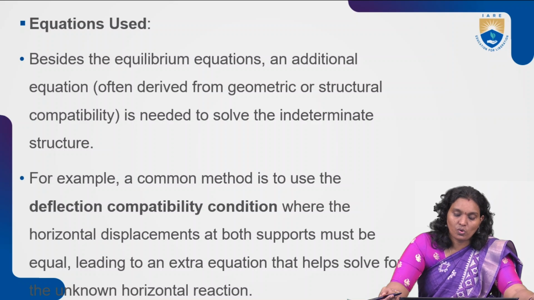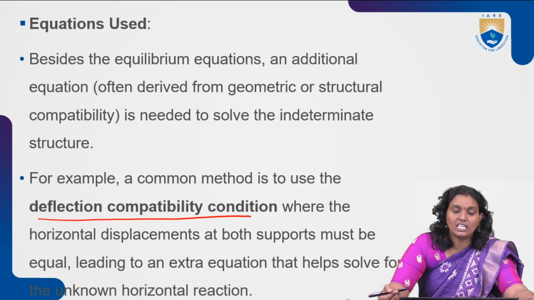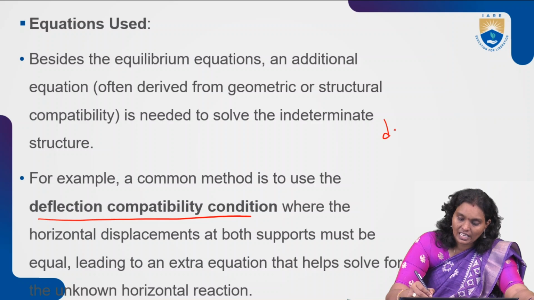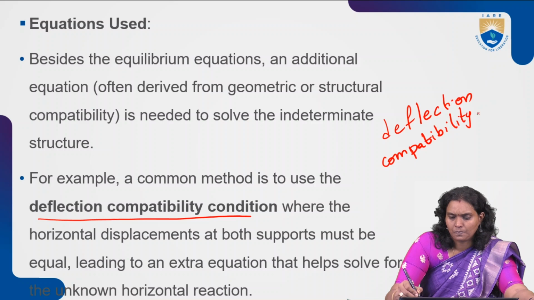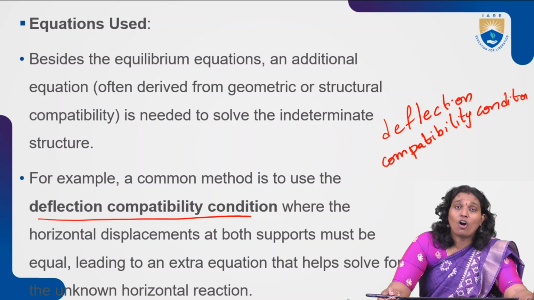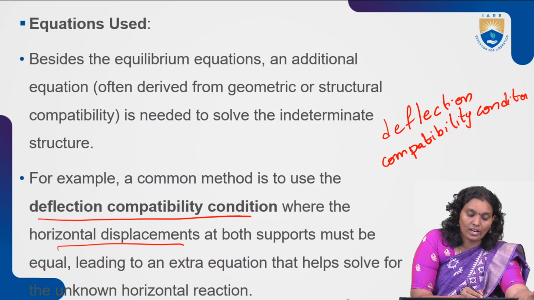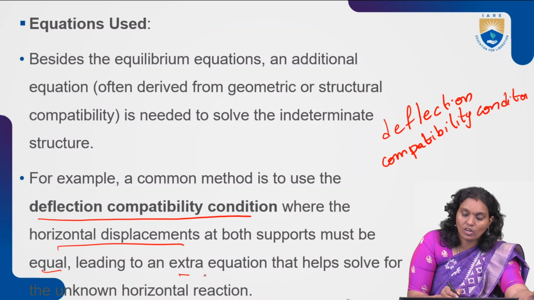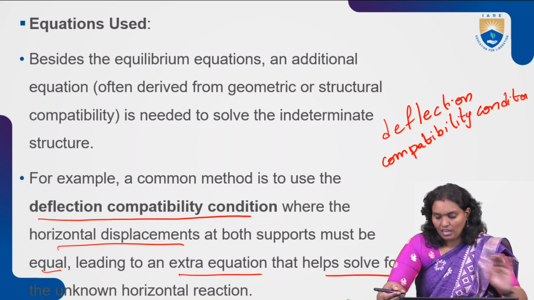For example, a common method is the deflection compatibility condition, where the horizontal displacement at both supports must be equal, leading to an extra equation that helps solve for the unknown horizontal reaction.